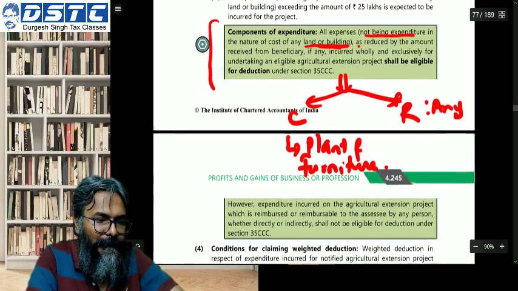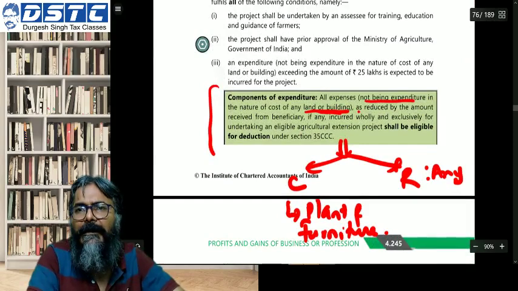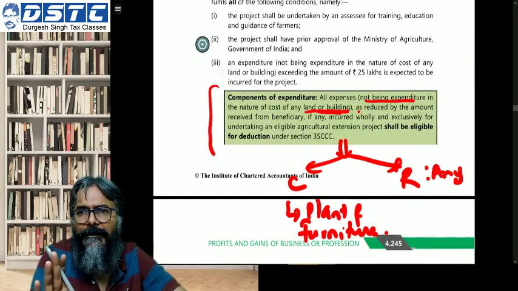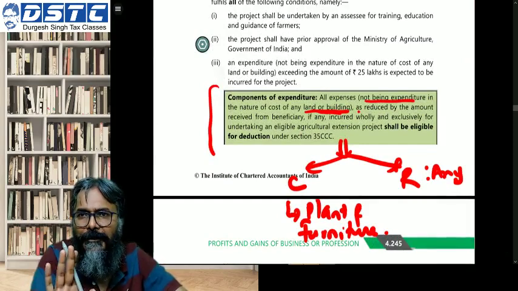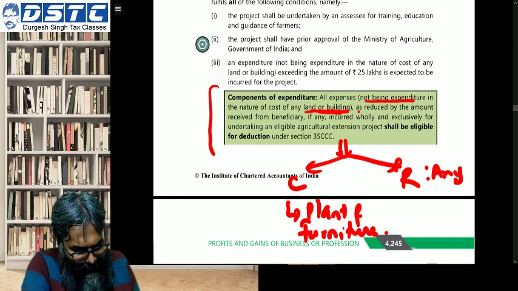Plant and furniture. So you just mark, students, if you have the module with you, this paragraph and this paragraph. That's it. Capital, plant and furniture. Revenue, any expenditure. Any expenditure, students.